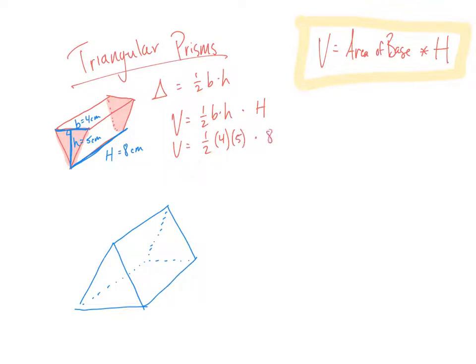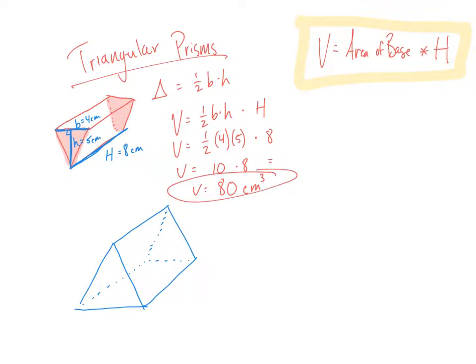Then we need to multiply by 8 to give it the 3D effect, so that way it's a triangular prism. So 4 times 5 is 20. 20 times 1/2, or 20 divided by 2, is going to be 10. So 10 times 8 gives us our volume here, which is 80 cubic centimeters.